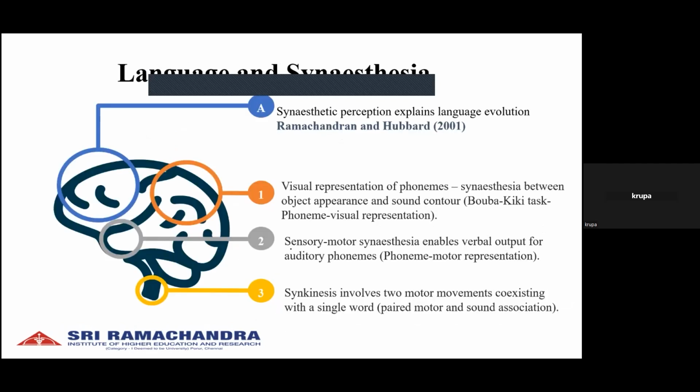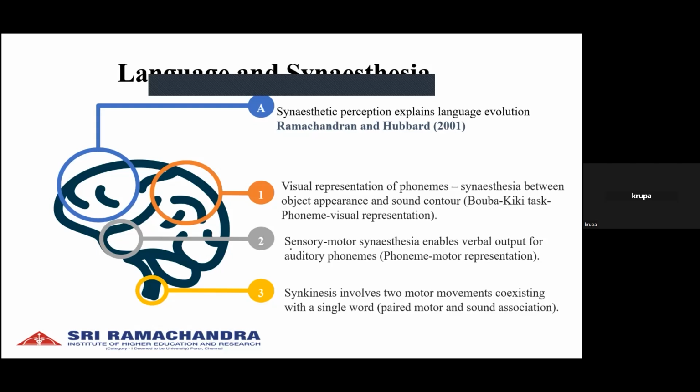When I talk about synesthesia, autism, and language therapy, my third segment of the title is language therapy and evaluation, right? So language and synesthesia should have some synchronized characteristics for me to relate to it.